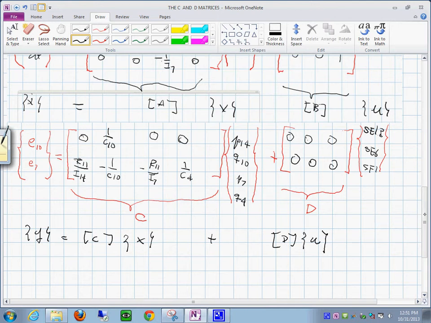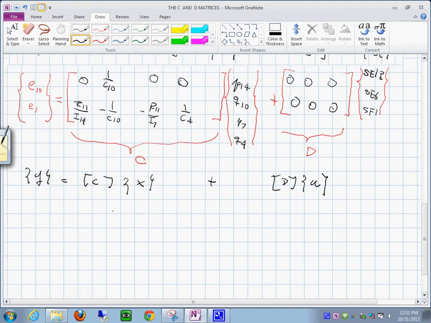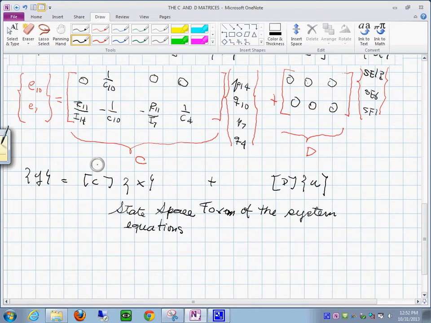So in conclusion, both of these are called state space form of the system equations. I say system equations because we have differential equations, but also these algebraic equations that are the outputs.